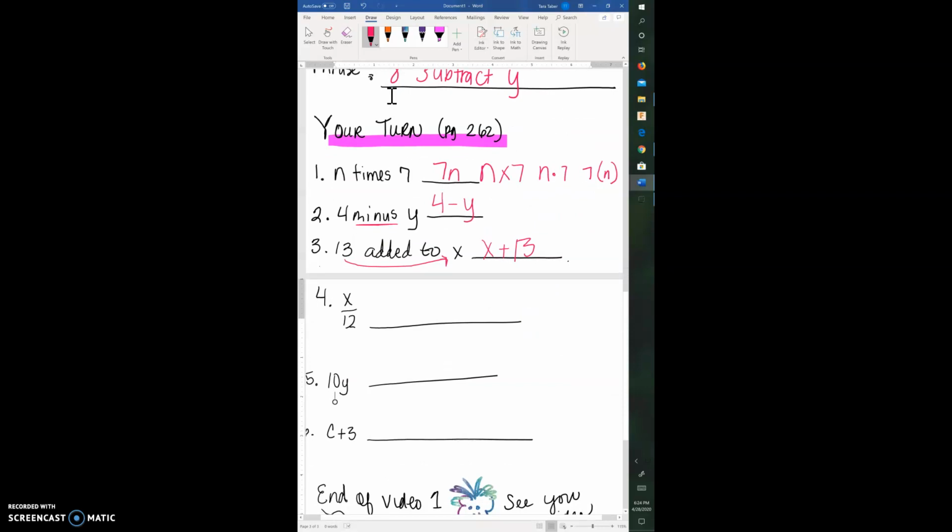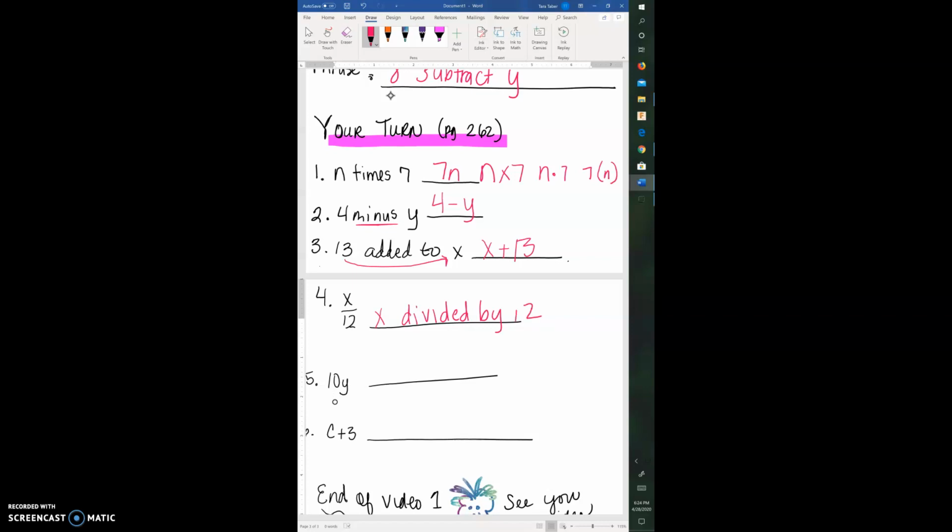So, I believe number 4, I'm writing a phrase, because it gives me the actual algebraic expression. And I see this as x divided by 12.